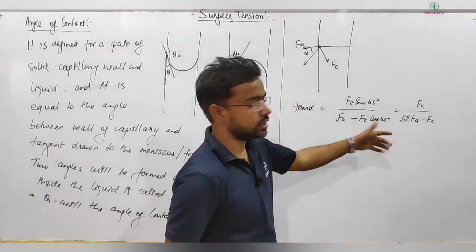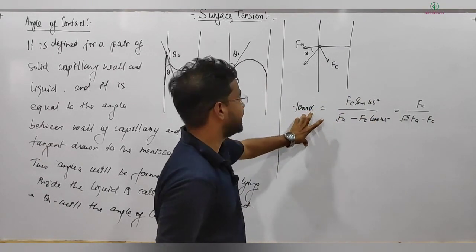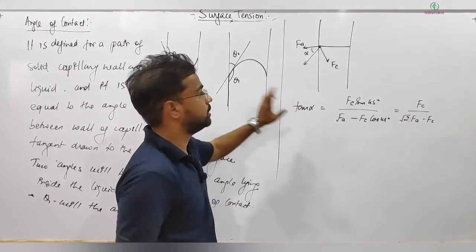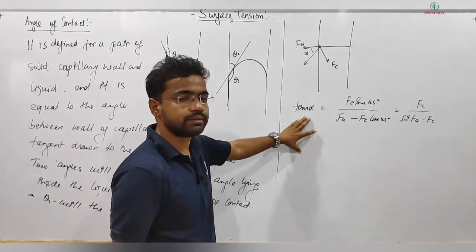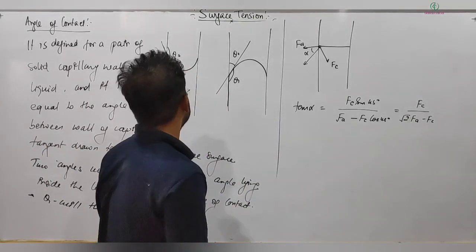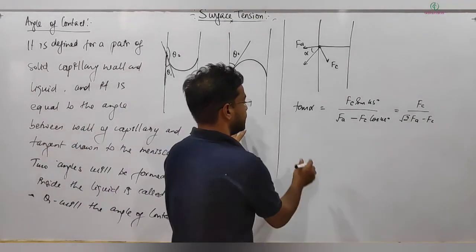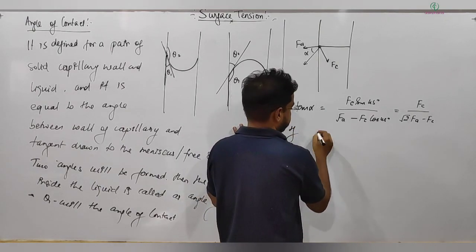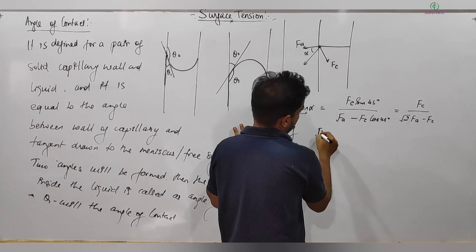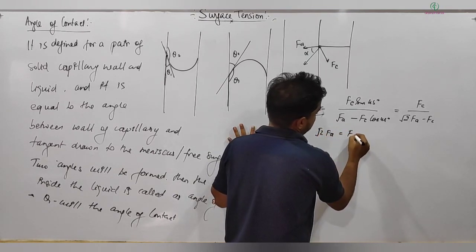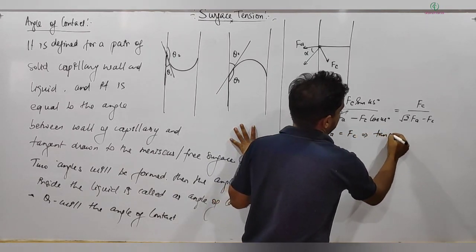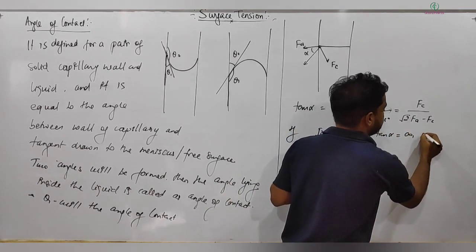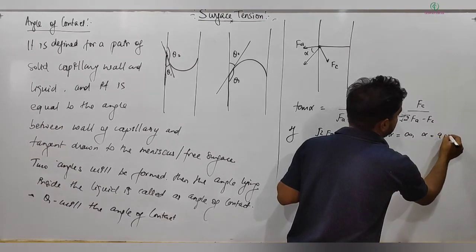We already got. So here what will happen actually, this alpha is not actually the angle of contact, but we can relate it with the alpha angle actually. So if root 2 F adhesive is equal to F cohesive, this implies tan alpha is equal to infinity, and implies alpha is equal to 90 degree.